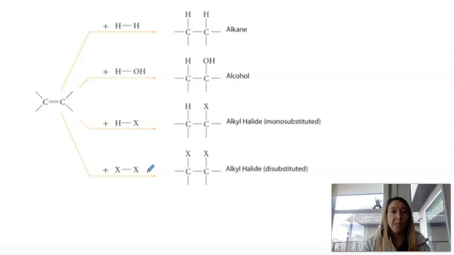In general, what happens in an addition reaction is the double bond goes away. We went from something that had a double bond to something with a single bond. So we now have a carbon with a single bond to another carbon, but it still has those same two things attached that it had before.